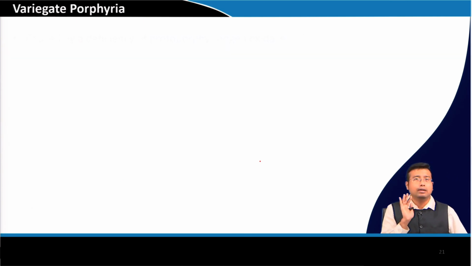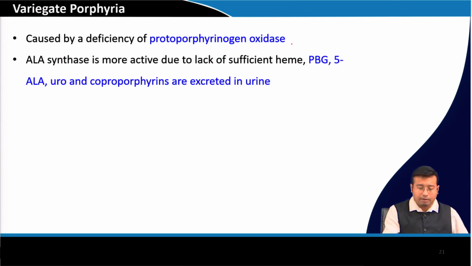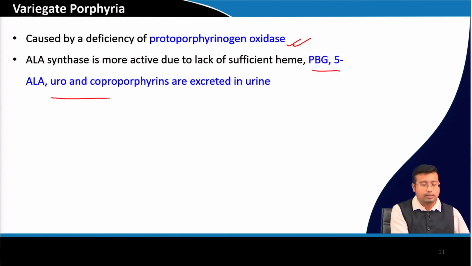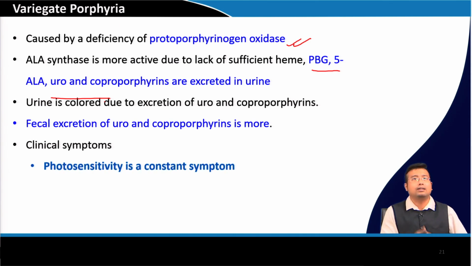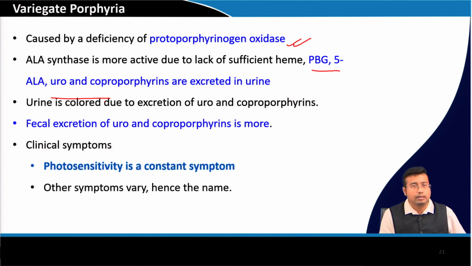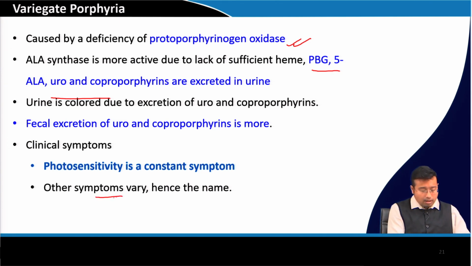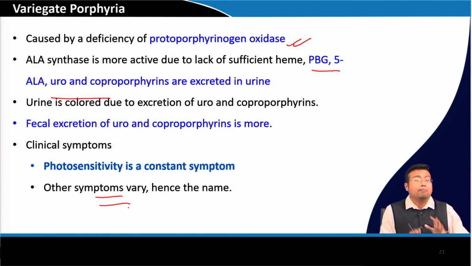theme is the same. Again in variegate porphyria, enzyme deficiency is protoporphyrinogen oxidase, the corresponding products are accumulated and excreted in urine. Urine is again colored, feces is colored, clinical symptom photosensitivity. Then this porphyria is actually very rare, right, and the other symptoms may vary.